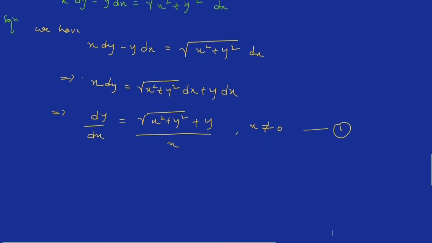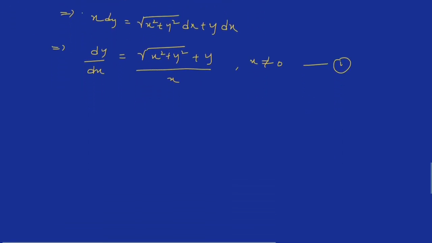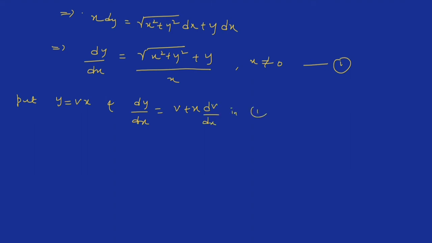So now it is in the standard form and it is a homogeneous differential equation. Now put y equals vx, and dy by dx equals v plus x dv by dx in equation 1.